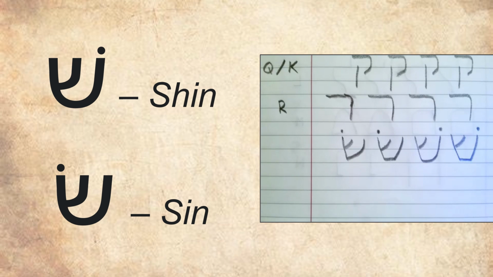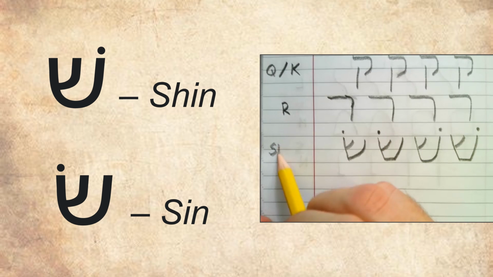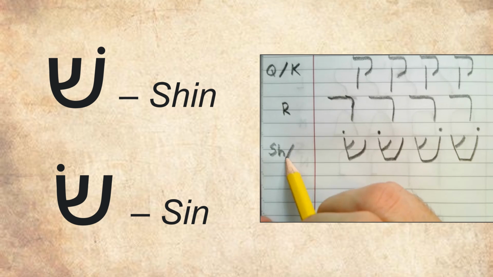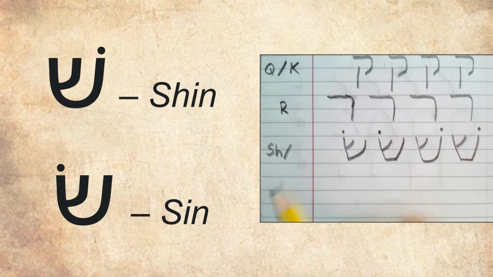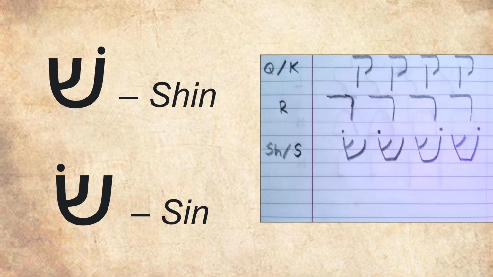Anytime you see the dot on the right side, it'll automatically be shin because the letter sin is never going to be on the right side. So you can use the English letters SH to transliterate the shin, the sh sound, and then you can use the English letter S, as we saw in the Samech, to transliterate the letter sin.